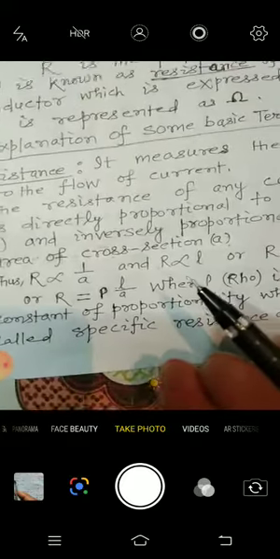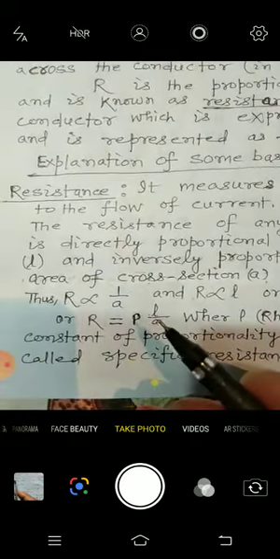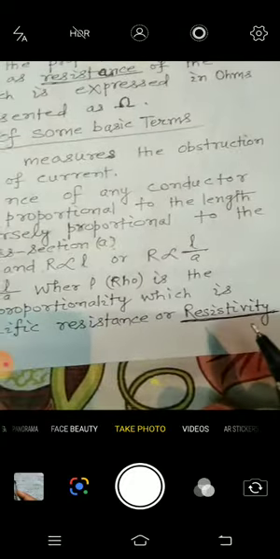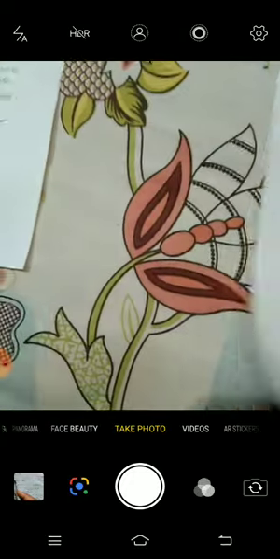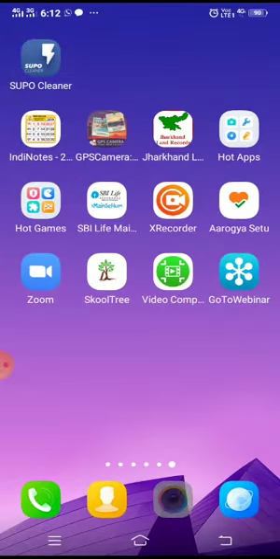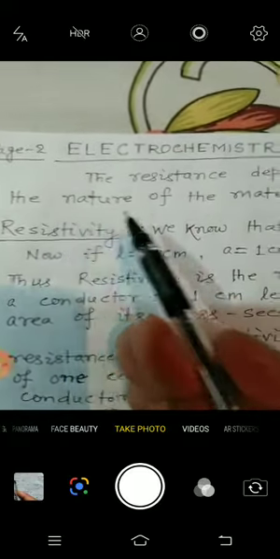Now again there is another term here, resistivity. So understand this. The resistance depends upon the nature of the material.